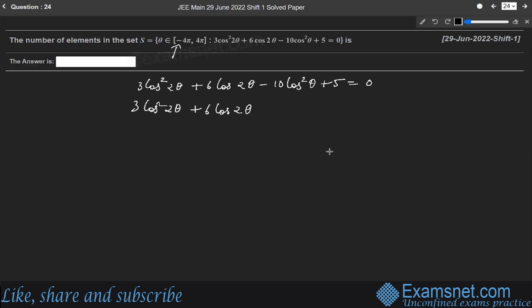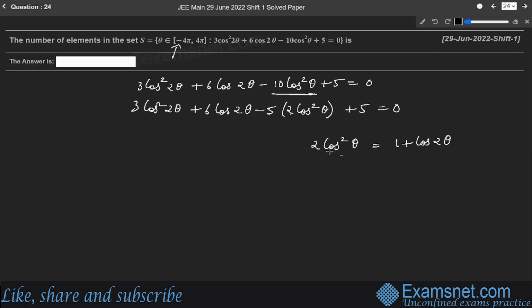Then if we take 5 common from the third term, 10 cos square theta, what will be the remaining terms? 2 cos square theta and plus 5 is equal to 0, right? Because 5 into 2 is 10. Now we have to use a formula which is 2 cos square theta is equal to 1 plus cos 2 theta. So we have to substitute the value of 2 cos square theta here.